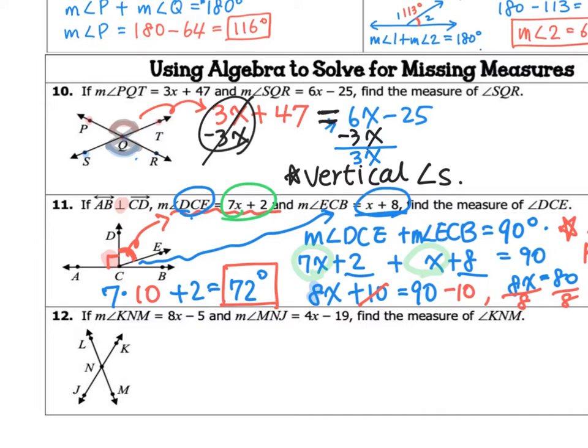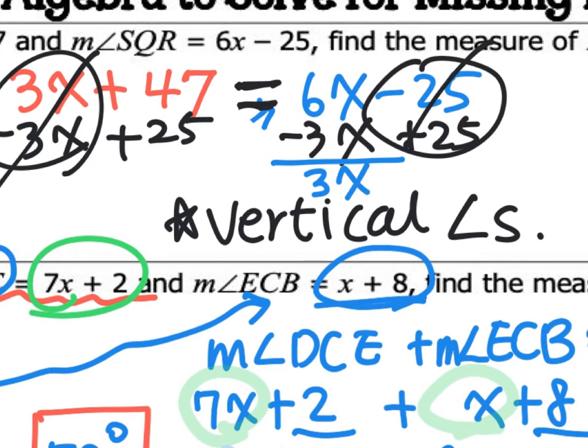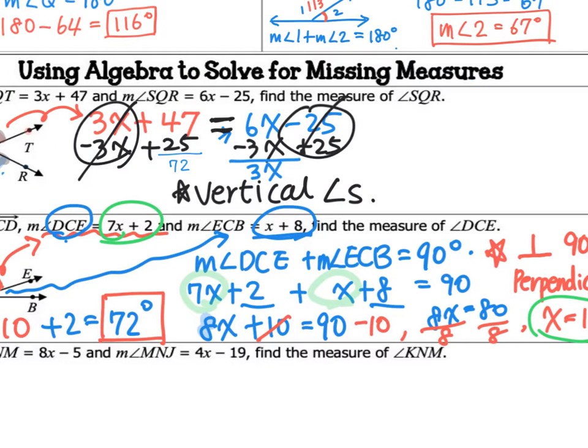So it is 3x. And we need to get rid of 25 by adding 25. So we can cancel this out, adding 25. So 47 plus 25, that will be, yes, that's right, 72.